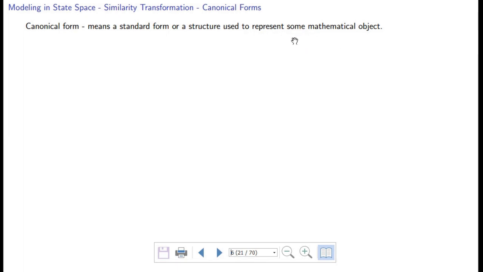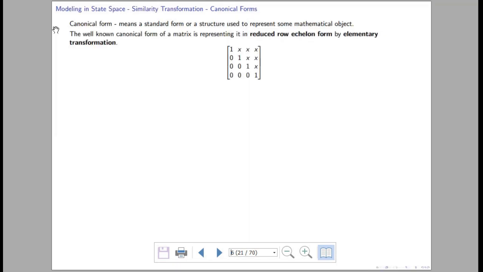The mathematical objects may be a function or a matrix or anything. If I can write mathematical objects like functions or matrices in some standard form, then I call that form a canonical form or a standard form. This is not very new to you. You are already familiar with such canonical forms.